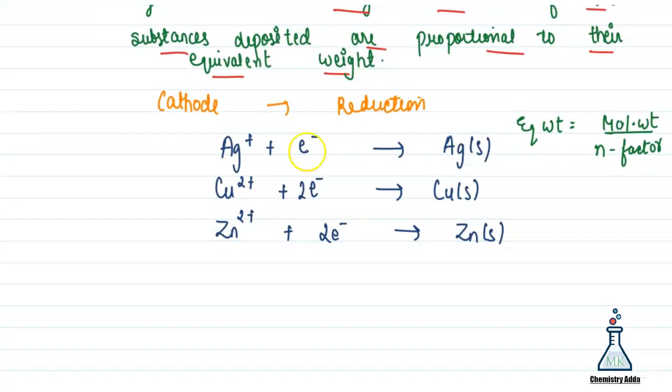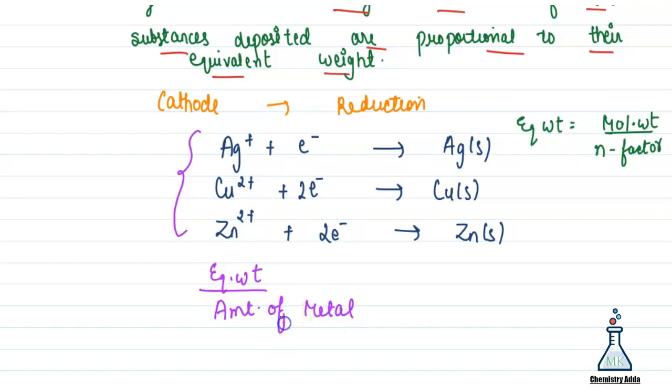Since we are passing the same electricity through all three electrolytes, their equivalent weight upon the amount of metal deposited will be a constant value.